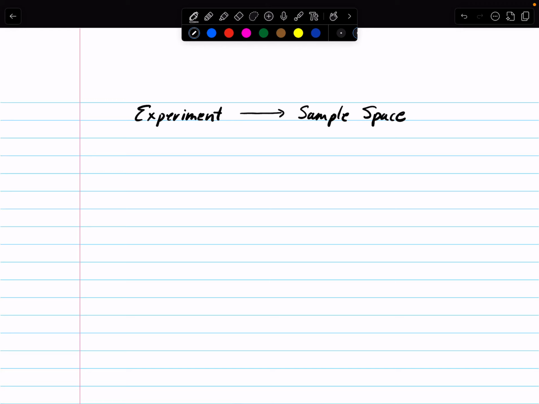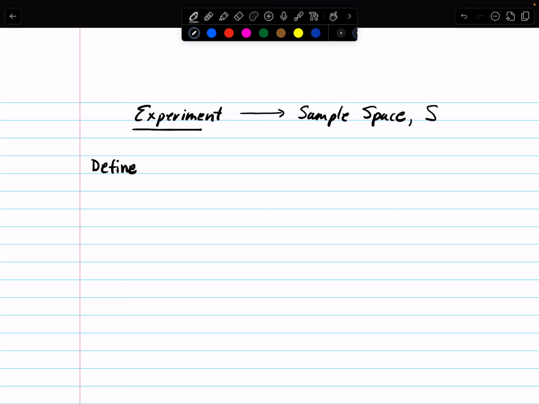Ready to define some functions on our sample space that is generated when we run an experiment. So remember, we run an experiment and it generates the set of all possible outcomes, which we call the sample space and denote S. All right?